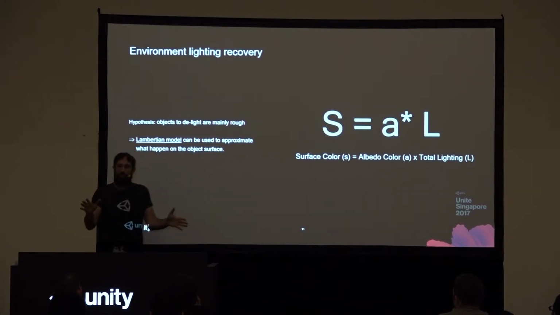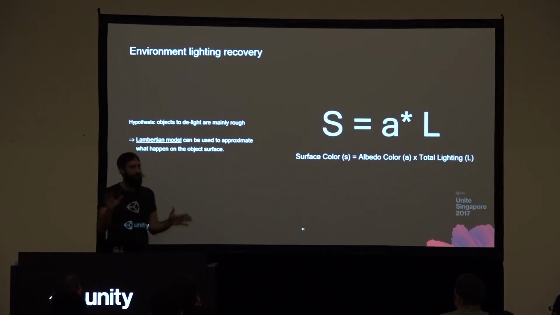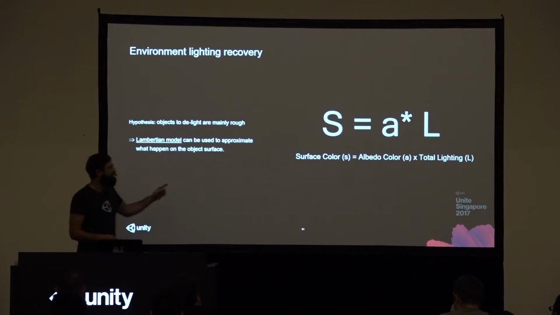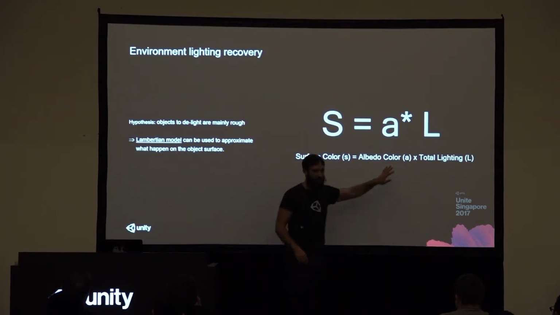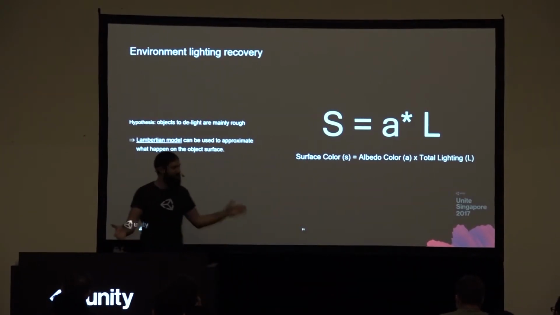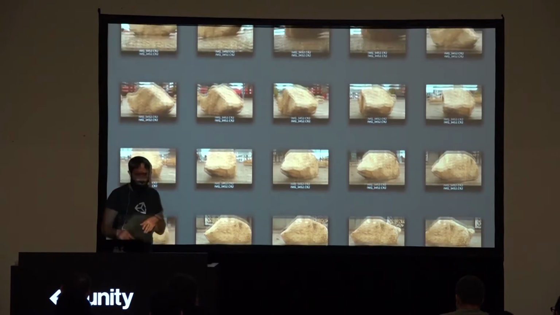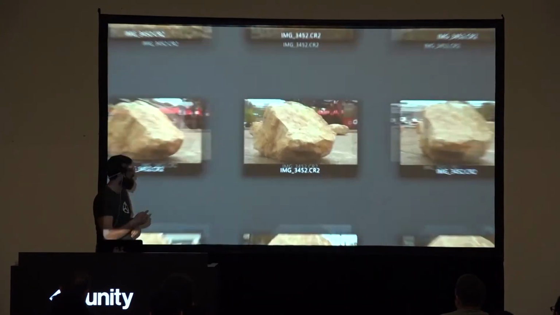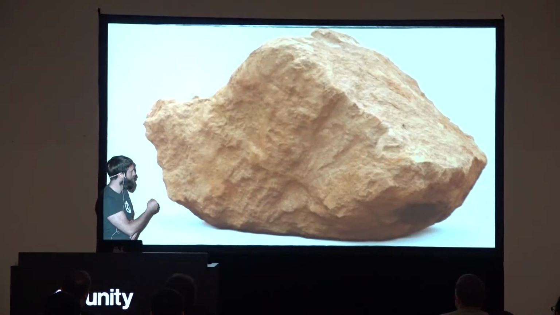When you do photogrammetry, you know that most surfaces will be rough. So the surface color is actually only the albedo multiplied by the environment lighting. So it's a very easy equation. You're like, wow, it should be easy to solve. You take all these pictures, then you get your 3D model.